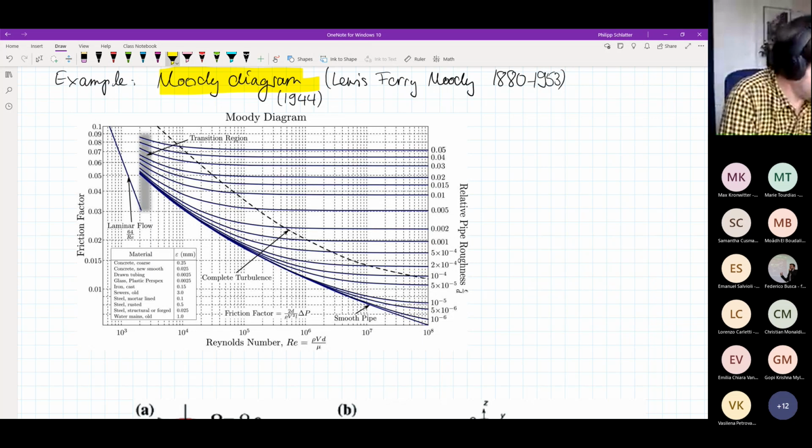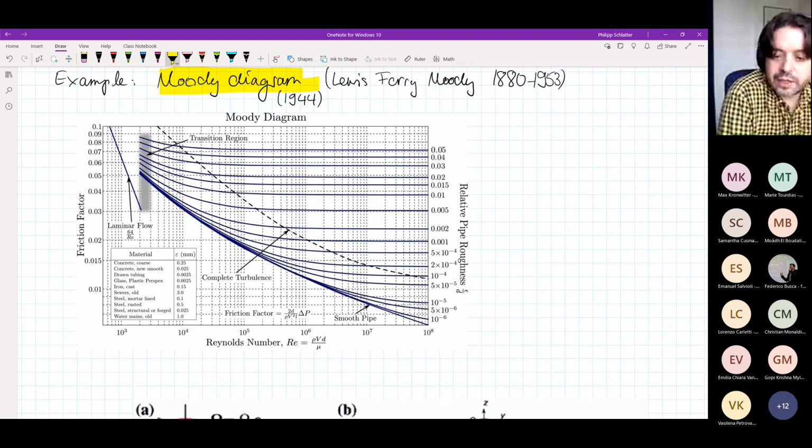And he developed this Moody diagram in 1944, essentially as a way of summarizing all the experimental data that was available at the time into one diagram. So there was not a lot of physics going into it; it was mainly an exercise of plotting data that was available.